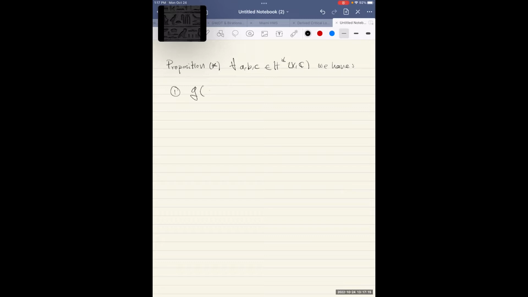If I take A star B, this is the quantum product of A and B. A and B are two cycles. We have discussed it. The quantum product of these two things is a sum of all possible curves that have some incidence with A or pass through A, and they have markings that pass through B.